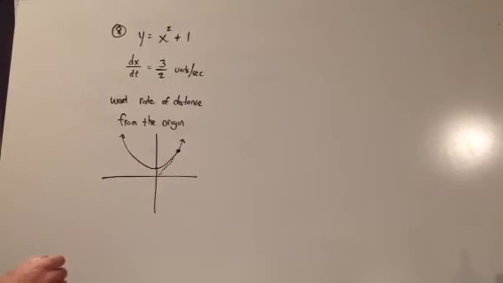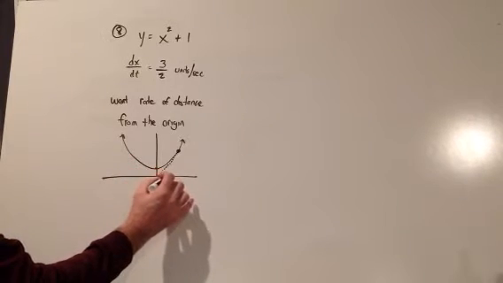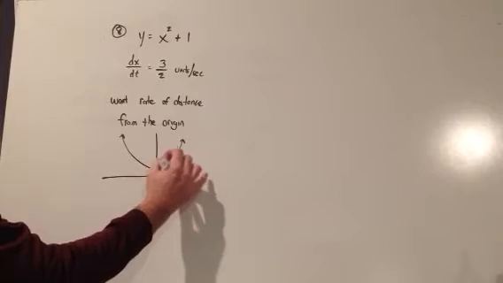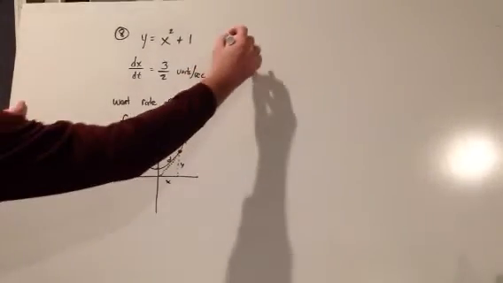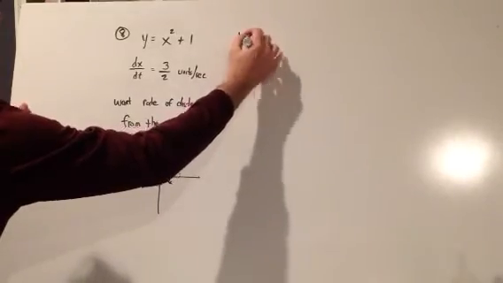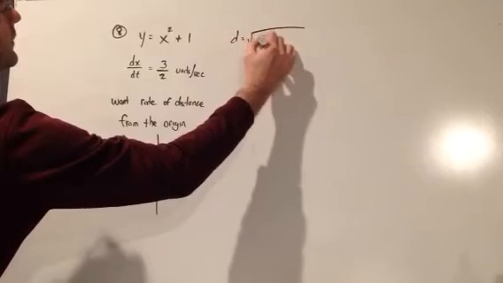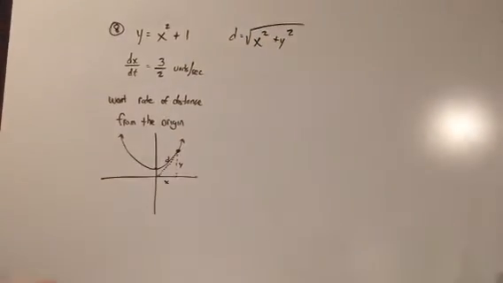Since they made it easy by going to the origin, our distance from the origin will always be based on x, y, and there's our distance. So we can write that distance equals, and this is a Pythagorean theorem, the square root of x squared plus y squared. That will be our distance.